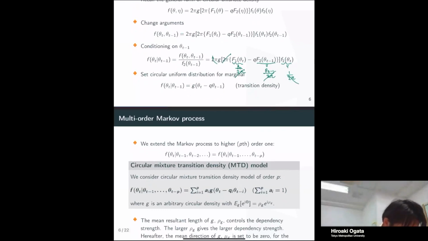Here, remember that g is any circular density.